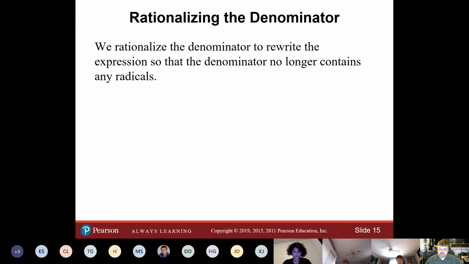So the thought is, it doesn't make sense to divide something into the square root of 3 parts, or into pi parts, or into the square root of 11 parts. Those things don't make sense. And so we don't want a radical sign in our denominator.